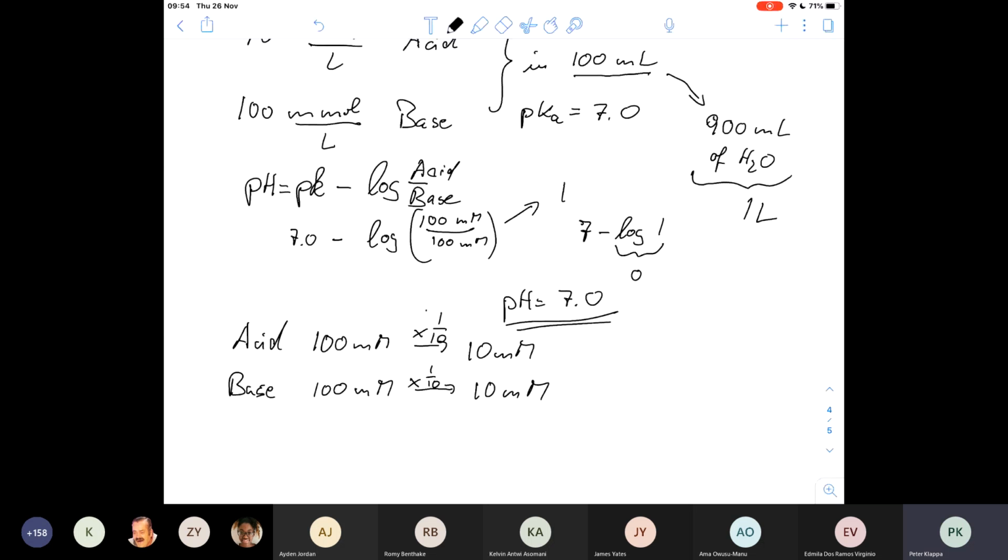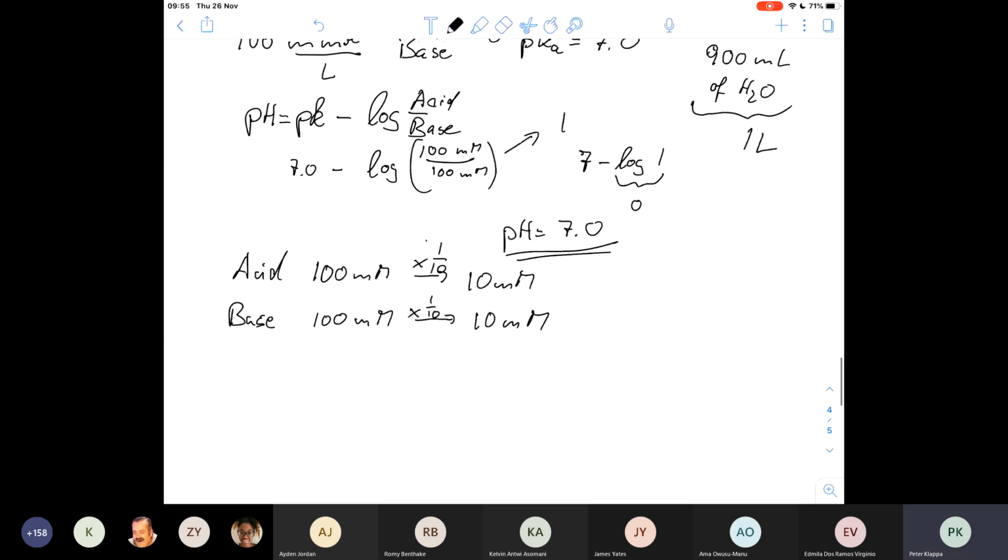So I just simply dilute the buffer by factor 10. What is the new pH of the diluted buffer? What do you think?